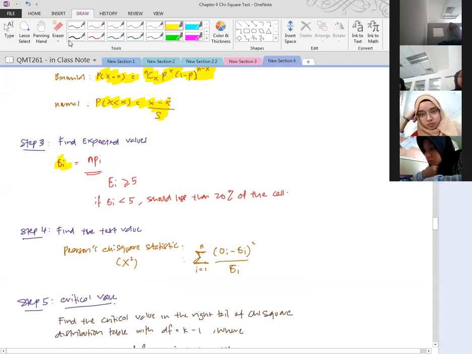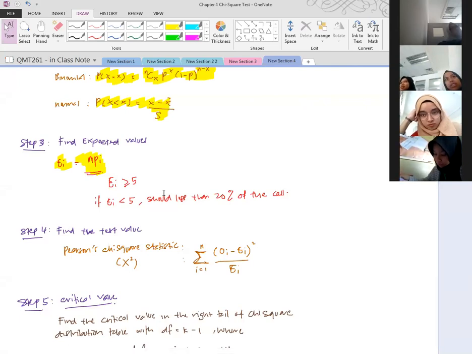E is equal to N multiplied with P. If the expected frequency is more than 5, then it should be okay, we can proceed as usual. If the expected value is less than 5 in more than 20% of the cells, then we cannot proceed with the Pearson chi-squared statistic.